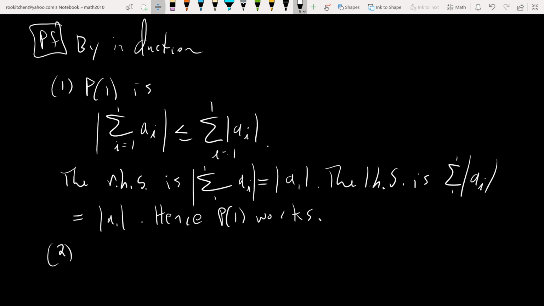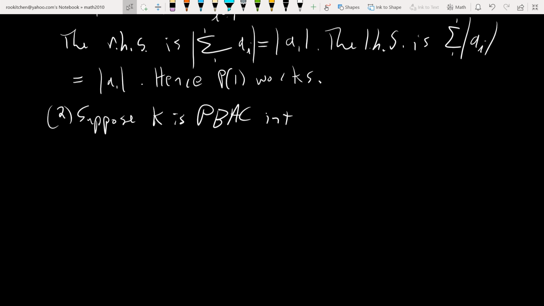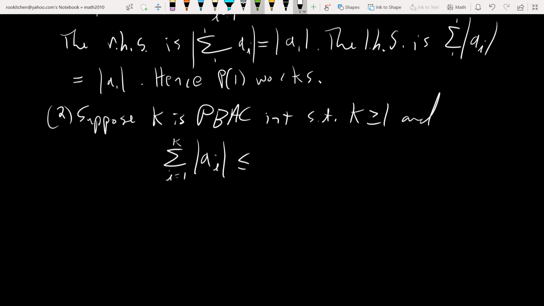Secondly, then we want to do the inductive part. So suppose k is an integer such that k is greater than or equal to 1, and the absolute value of the sum from i equals 1 to k of a sub i is less than or equal to the sum of the absolute value of a sub i from i equals 1 to k.